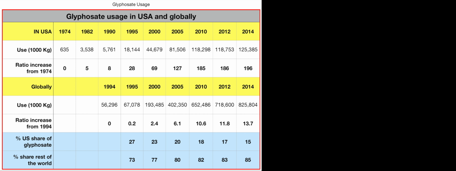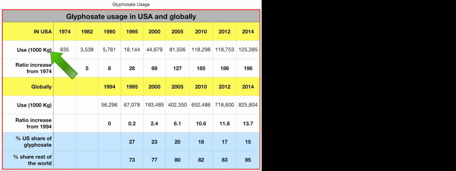So anyway, to explain, this spreadsheet is prepared from taking the data from published papers on this, and I'll reference them later on. In the meantime, what I wanted to say is these figures are in 1,000 kilograms.